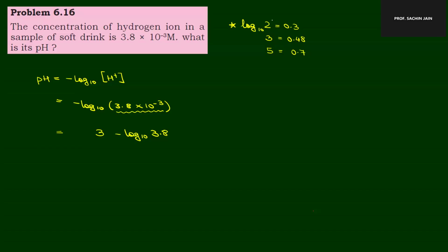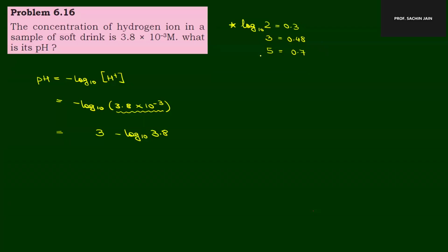So log 2 का square, which is log 4, will become 2 log 2, which is 0.6. Log 2 cube, which is log 8, will become 0.9. And so on. आप 2 के सारे powers का log find कर सकते हो, meaning 2, 4, 8, 16, and so on. If you know 3, then 9, 27, and so on. 5 है तो 5 square, 5 cube, everything can be calculated.